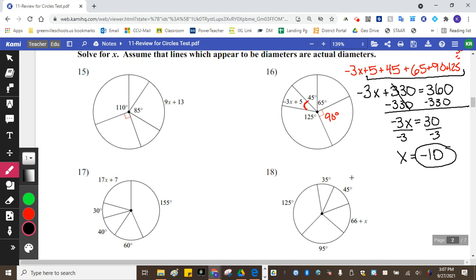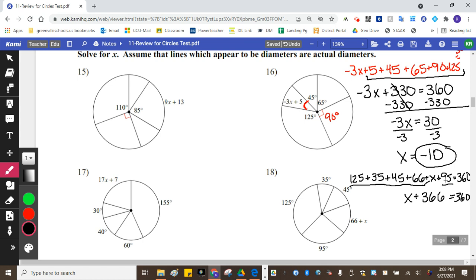So 125 plus 35 plus 45 plus 66 plus x plus 95 equals 360. 125 plus 35 plus 45 plus 66 plus 95 equals 366.